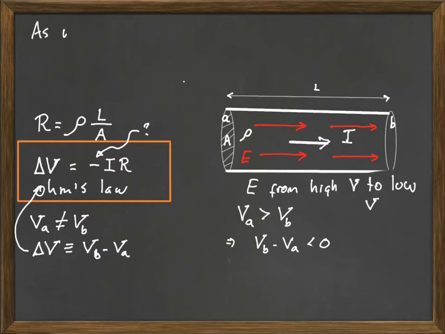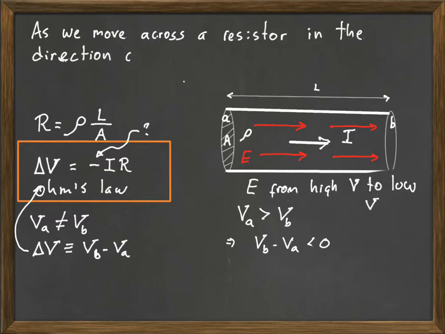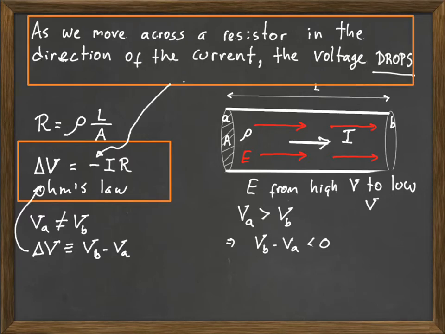So in reality, this minus sign is there to remind us that if we move across a resistor in the direction of the current, then the voltage should drop. As we move in the downstream direction, across a resistor, across a wire, we're going to end up at a point that has a potential lower than the point where we started.